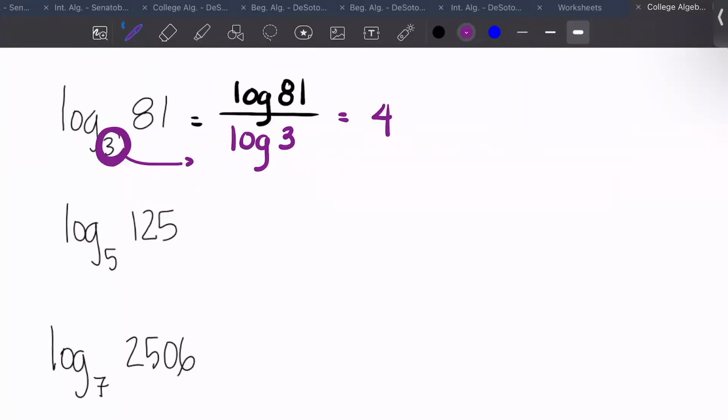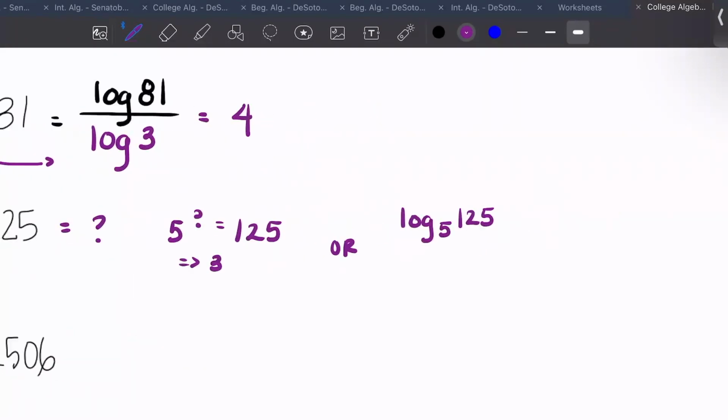We can do the same thing here. Log base 5 of 125 equals something. We've done this by hand, and we would go 5 raised to what power equals 125, and you would say 3. Or you could do log base 5 of 125 equals log of 125 over log of 5.